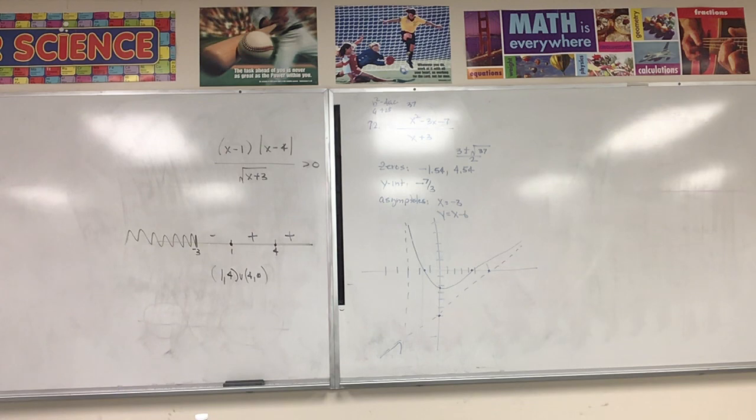So this test will be 2.5, which has complex numbers, 2.6, which will be graphs of rational functions, 2.7, which is solving inequalities in one variable, and 2.8, which would be solving inequalities. So the quiz tomorrow is 2.7 and 2.8.